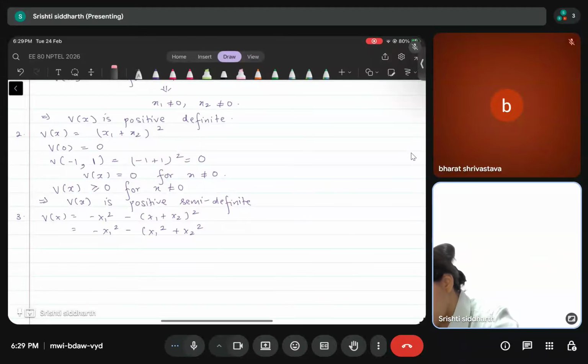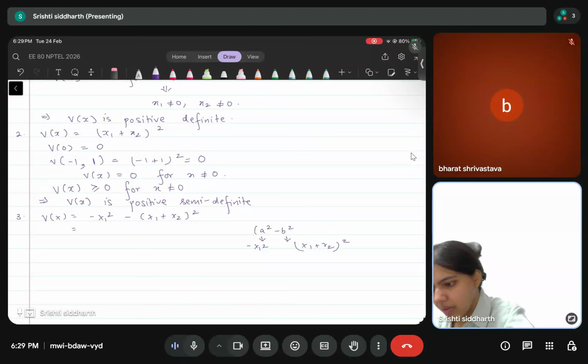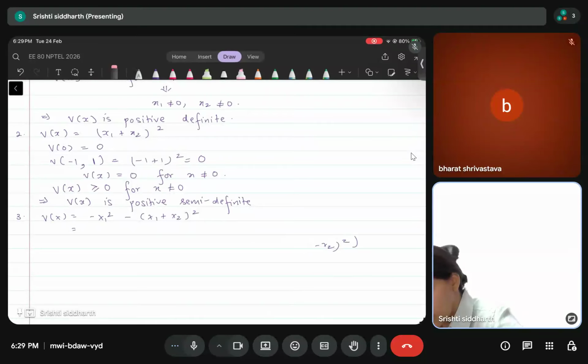Or we could just apply a squared minus b squared here, where a squared is minus x1 squared and b squared is x1 plus x2 squared. Or maybe let's first try substituting zero. So at zero, V of x is zero.